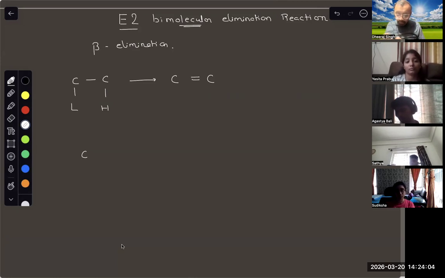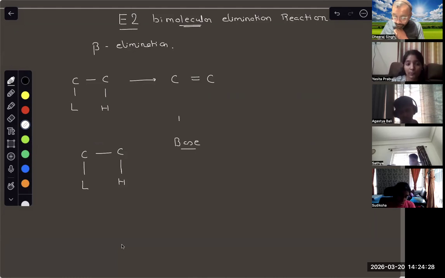Okay. Now coming to E2, let's see the typical mechanism. This is H. Now everything is happening simultaneously, and here instead of calling it a nucleophile which attacks, we call it base.